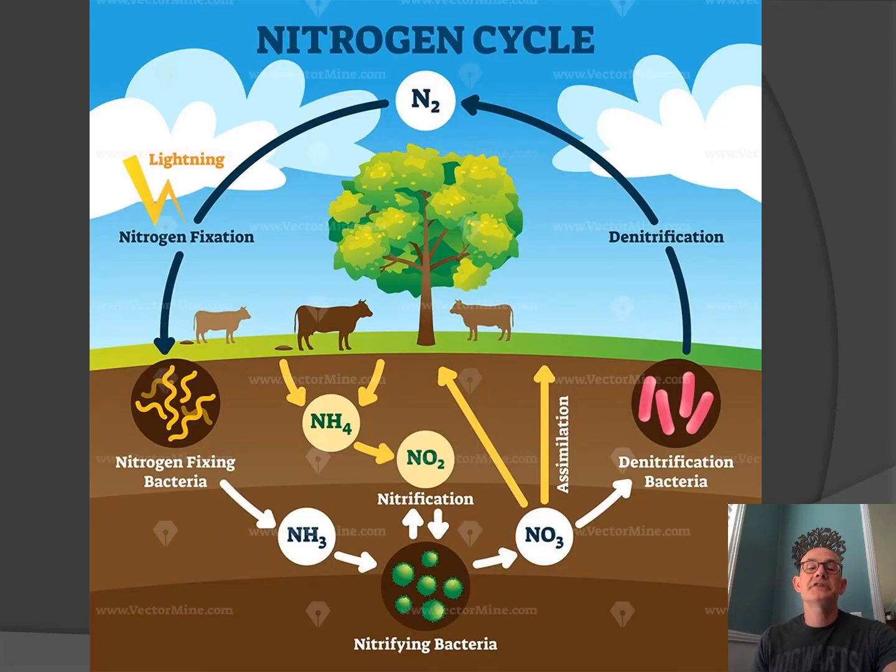This is your basic nitrogen cycle. This is a very nice, colorful picture. On the next slide, I'm going to draw it in a different way so you can see it in a more simplified manner, and maybe that will help you remember it a little easier.